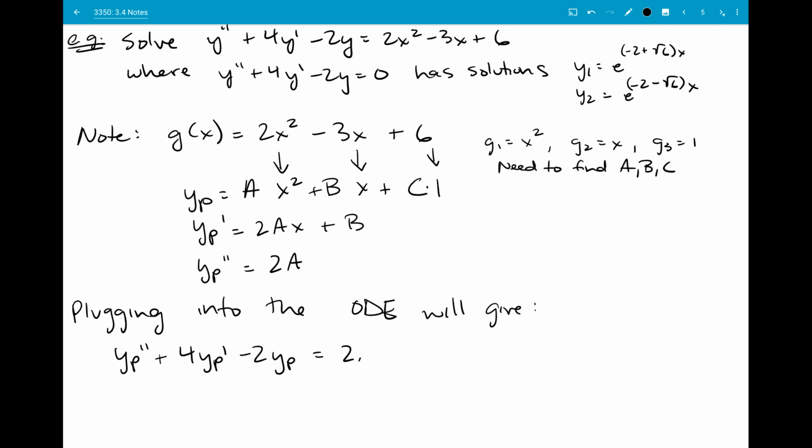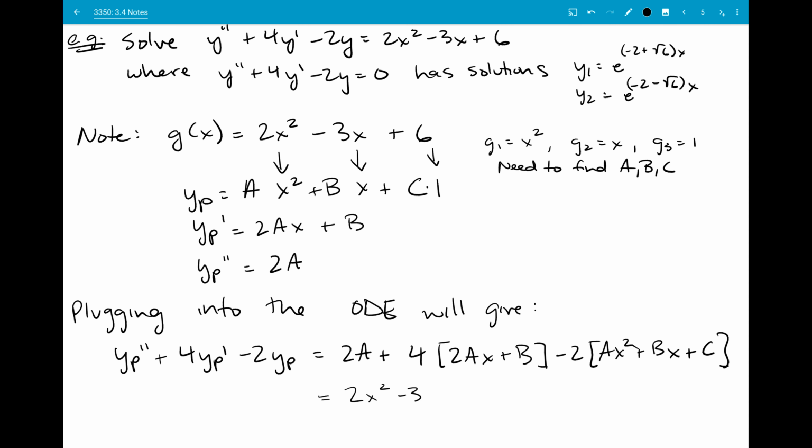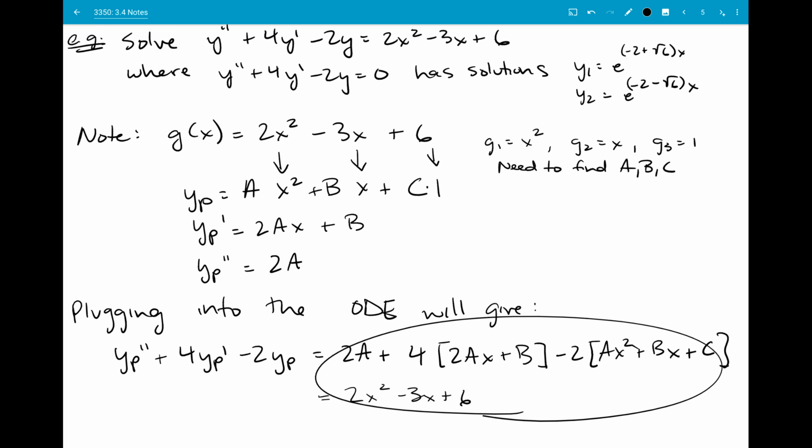So that's going to be 2a plus 4 times (2ax plus b) minus 2 times (ax squared plus bx plus c). And what I'd like is for that to be equal to 2x squared minus 3x plus 6, the right-hand side of the differential equation. So I want these two things to be equal to each other.